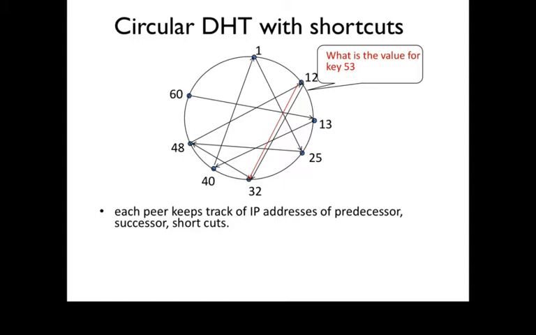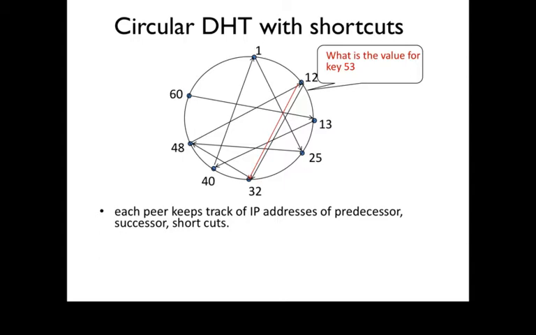In this case, 12 will have links to 13, which is the immediate successor, 32, and 60. Let's assume that 12 wants to look up 48. It should not send the query to 60. It should only send it to the one that is lesser. When it's going through its shortcut list, it should send to the largest shortcut that is less than the key that you're looking for.